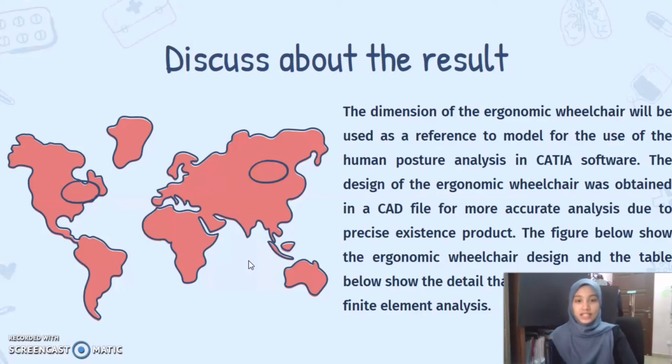The design of the ergonomic wheelchair was obtained in a CAD file for more accurate analysis due to the precise existing product. The figure below shows the ergonomic wheelchair design, and the table below also shows the details about the ergonomic wheelchair that I have used in the CATIA software.